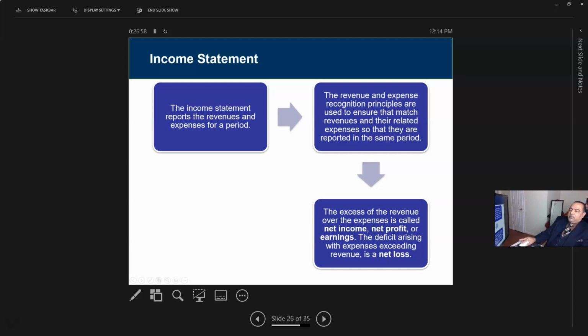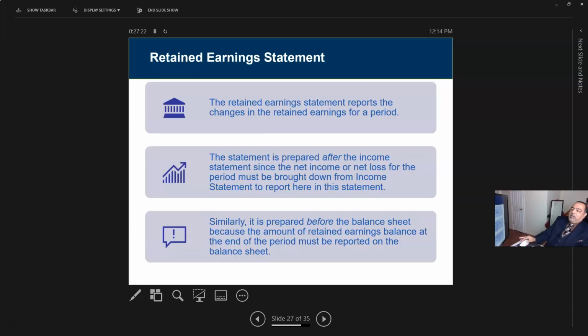If you have a revenue for January, you should be comparing the expenses of January with that revenue to calculate the correct amount of net income for January. Excess of revenue over the expense is called net income, net profit or net earnings. The deficit arising with the expenses exceeding the revenue is called a net loss. So that is about the income statement.